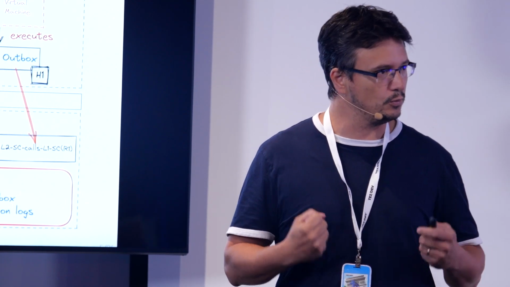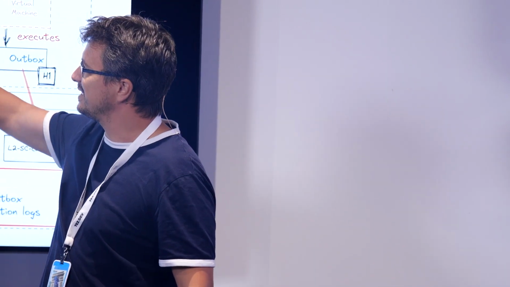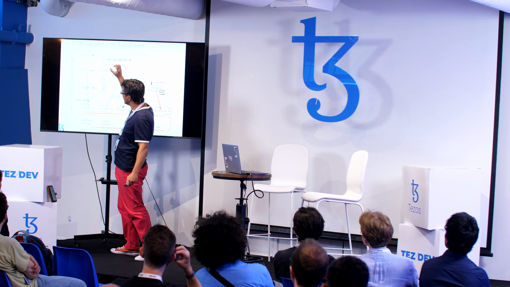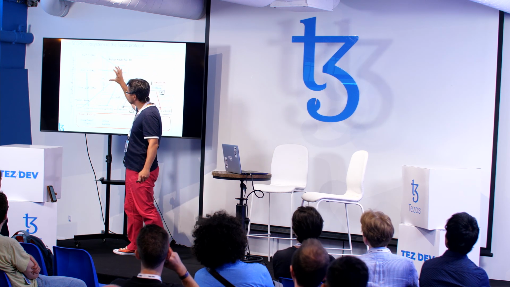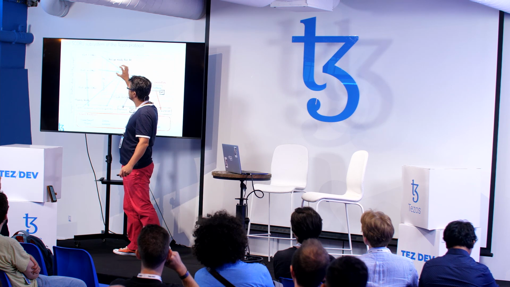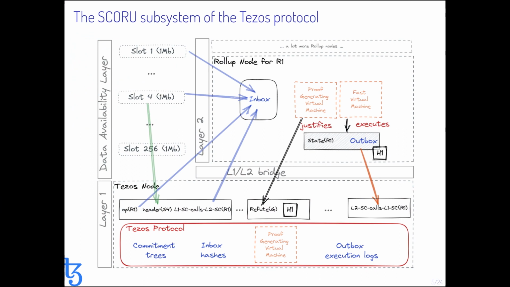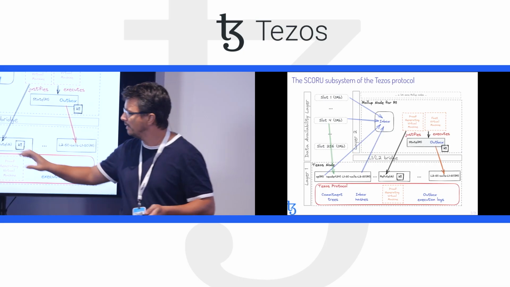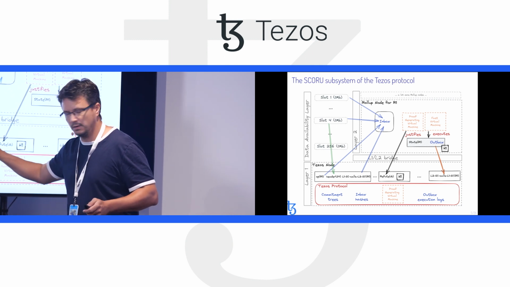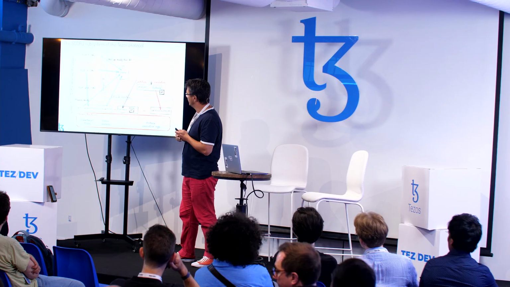So what you need if you really want to scale up is this data availability layer that has been described by Arthur this morning. Basically, the idea is that you want rollup nodes to download only the data that they need, not all the data of all the rollups. So we have a notion of slots, which are 1 megabyte long and updated at each block, that allows the inbox to be populated with many more messages than you would have by only taking the messages from the layer 1 block.